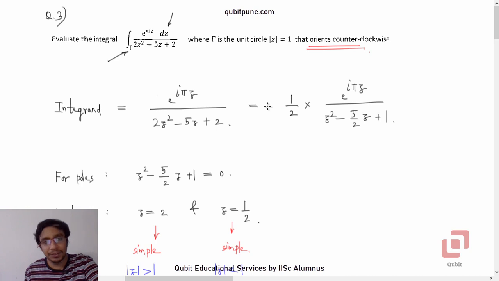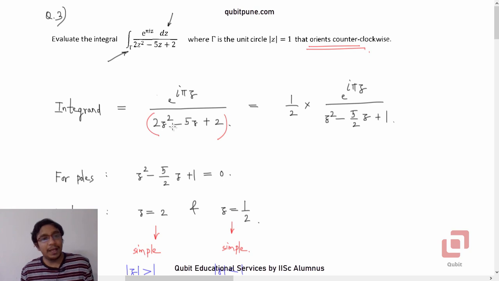Okay, we will first write down the integrand. The integrand is e to the power pi i z upon 2z squared minus 5z plus 2. Now, what I would recommend is, whenever you are factorizing the denominator, to look for its zeros, which will then become the poles of the original function.